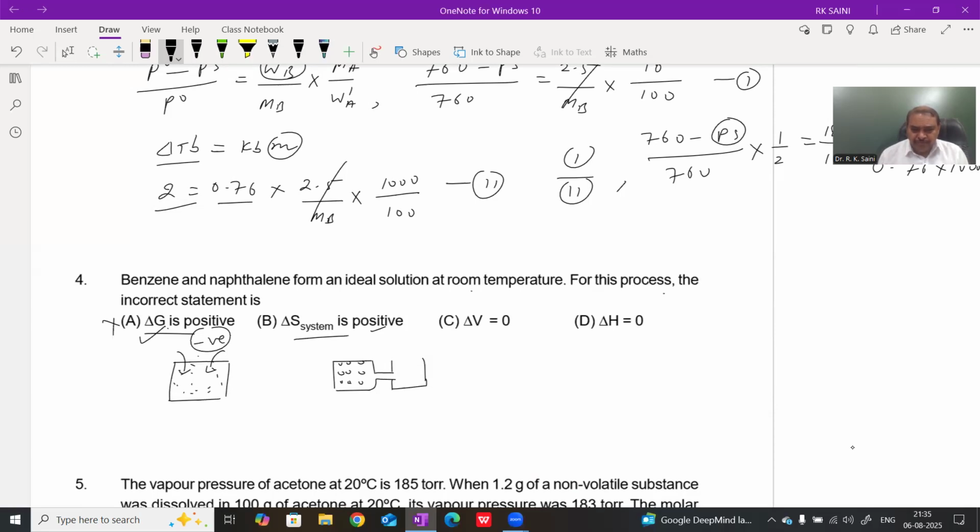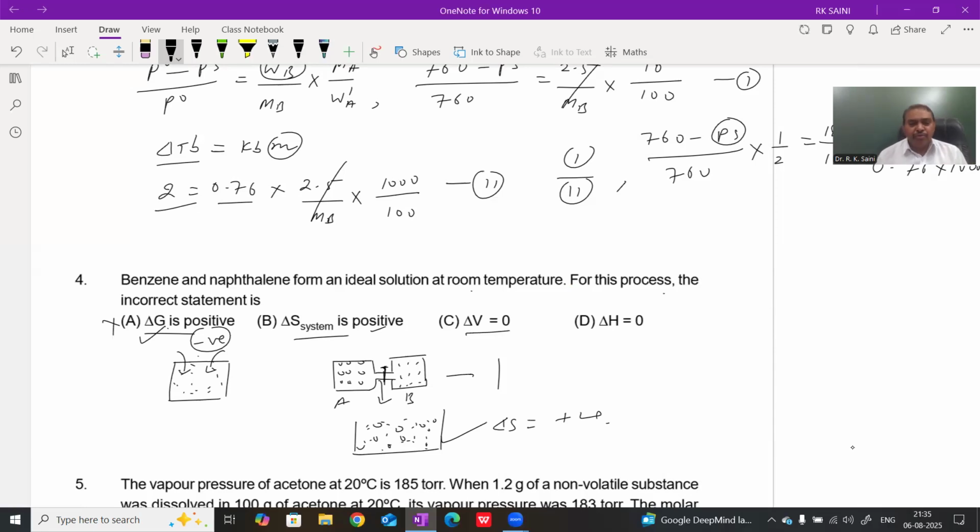For example, particle A means liquid A and particle B means liquid B. When we remove the cork, they make a liquid solution. The solution may be ideal, may be positive, may be negative. The randomness of the solution is increased in comparison to the separated liquids. Therefore, delta S always increases during the formation of solution, may be ideal, positive, negative.